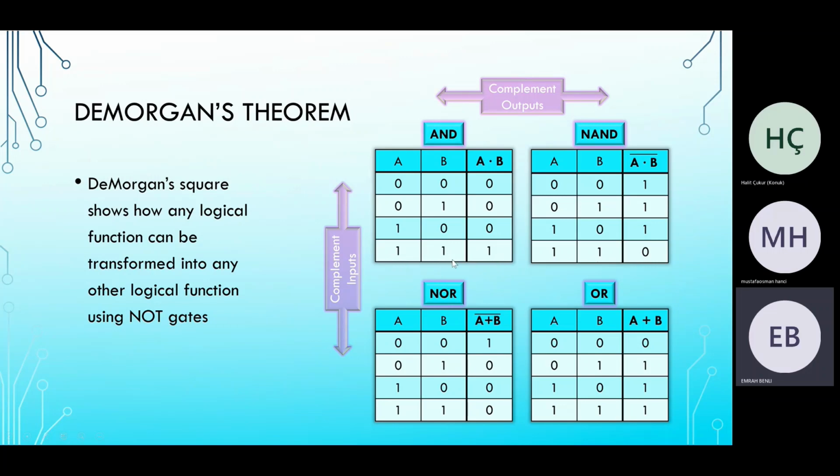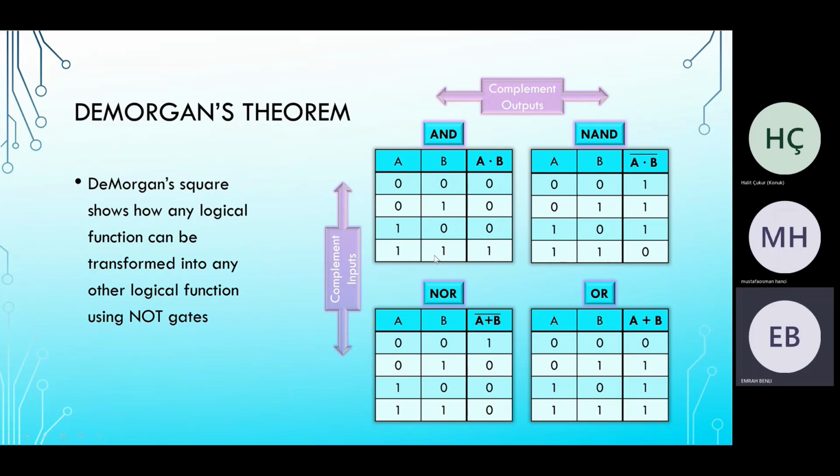So if we get the complement of these inputs, what are we going to have? Do you have any guess? 0, 0. Yes, 0, 0.